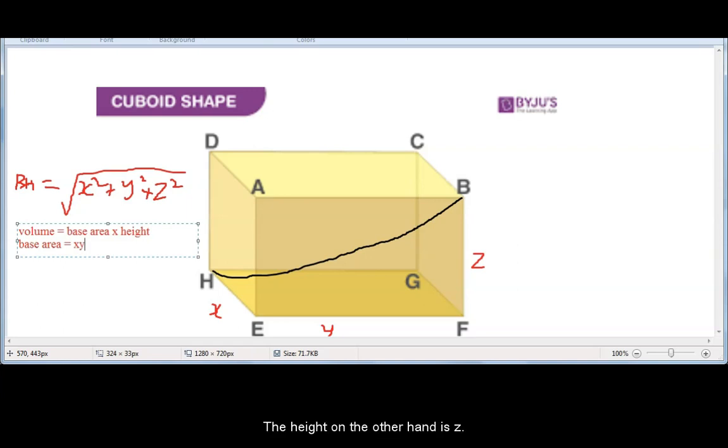The height, on the other hand, is Z. This is the height of the cuboid, Z.